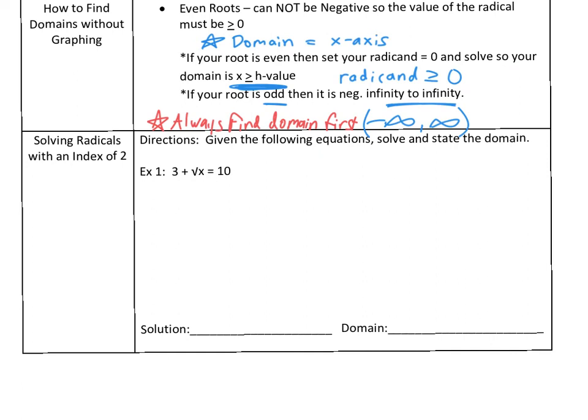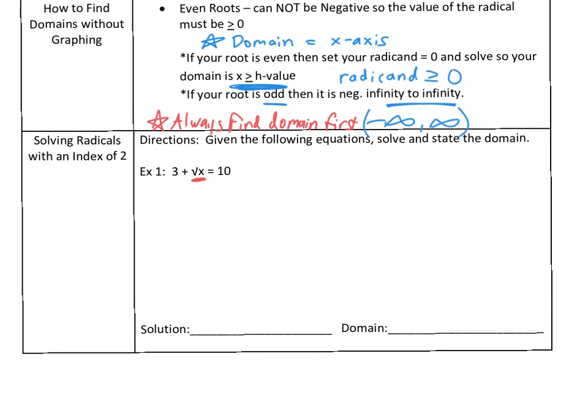These actually aren't too bad, so I don't think you're going to be crying today, which is good. So looking at this first one, the domain. All I'm looking at to find the domain is the square root, or the root, whatever it's going to be. So square root of x, looking at that index, is that positive? It is positive.